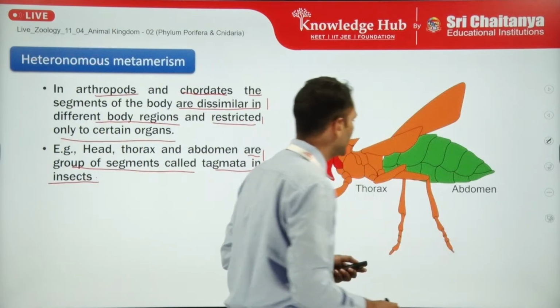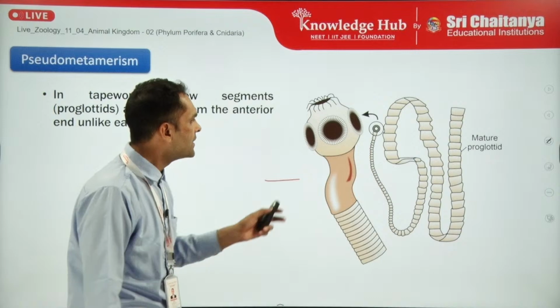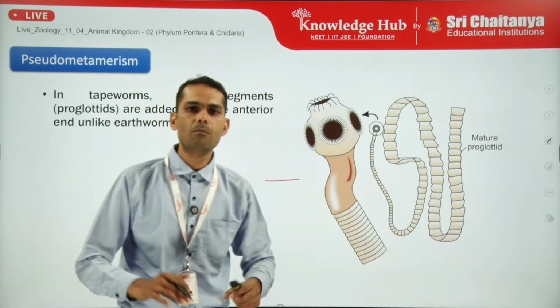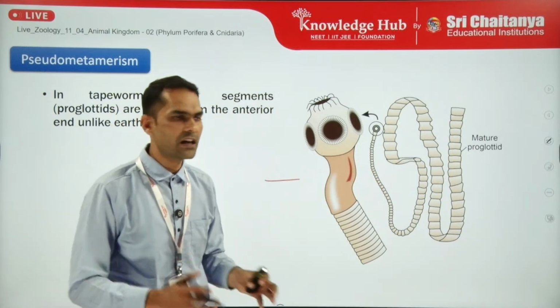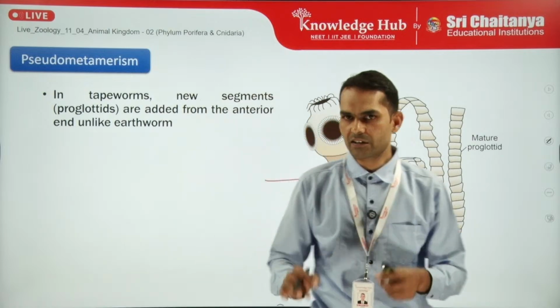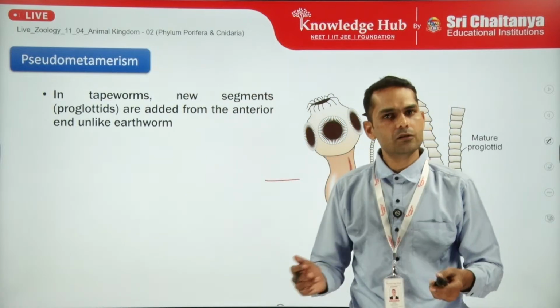But if we look at the example of the tapeworm, each particular segment behaves more or less independently. Therefore, such kind of segmentation is called pseudo-metamerism or pseudo-segmentation.